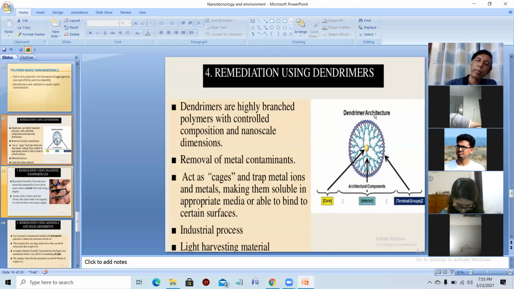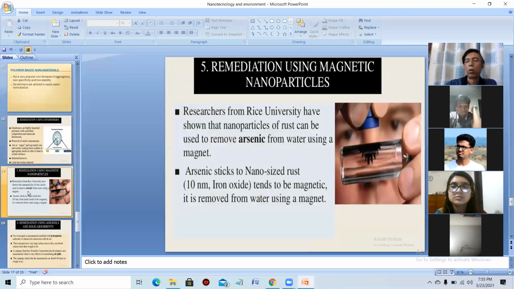So it is a useful one, but dendrimers are very costly, so if you use this, it will be a very costly remedy for water or the environment.